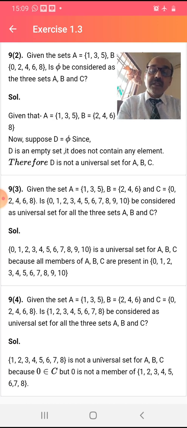See, 0 is an element that belongs to the C set, but 0 is not a member of 1 to 8, not present. So one element is not present in the given set. So all elements of A, B, C are not present. So it is not a universal set.